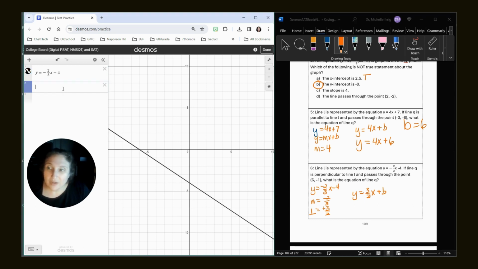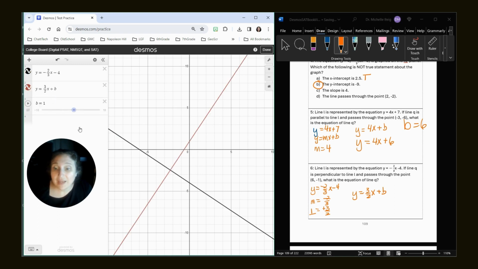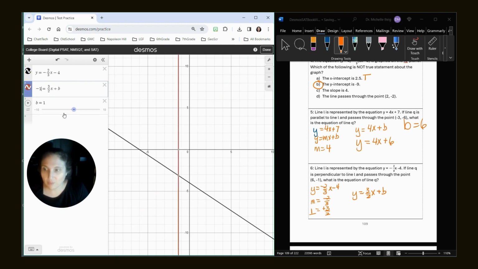This is one where I might not use the slider tool, just because we're trying to find that 90-degree angle. Okay, so we can use it. Oh, that actually is the answer probably. It's probably 1, but let's substitute the point in just to be sure. So instead of y, we're going to type in -1, and instead of x, we're going to type in 6.